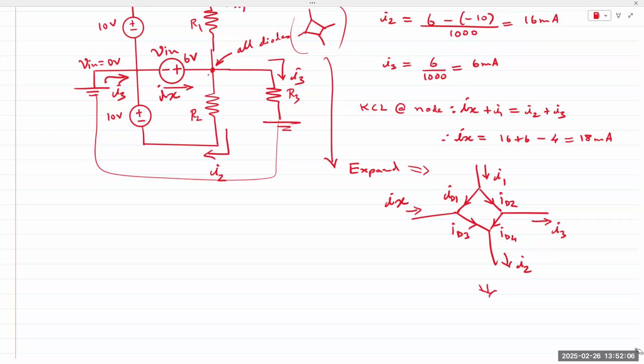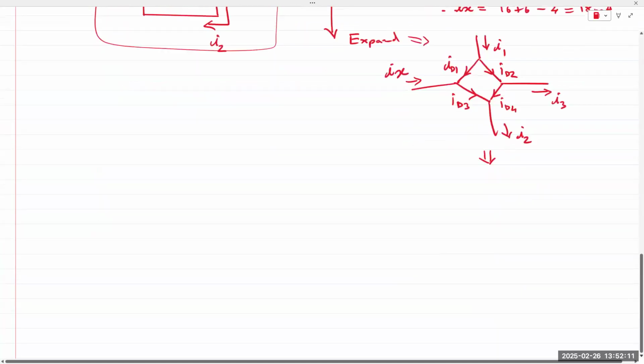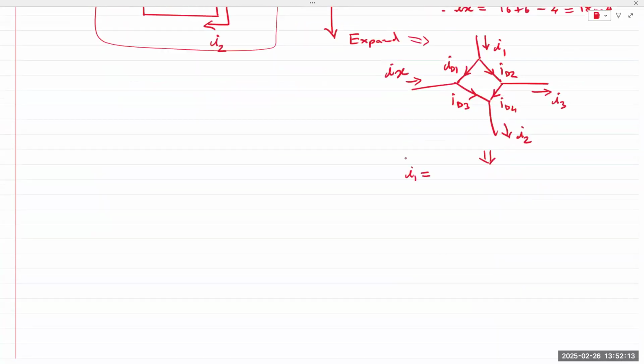You have I1 equals ID1 plus ID2. You have IX plus ID1 is equal to ID3: 2 currents coming in, IX plus ID1 equals ID3.